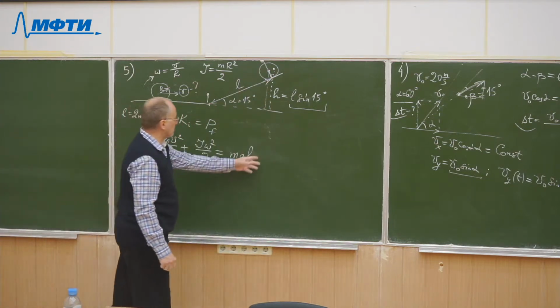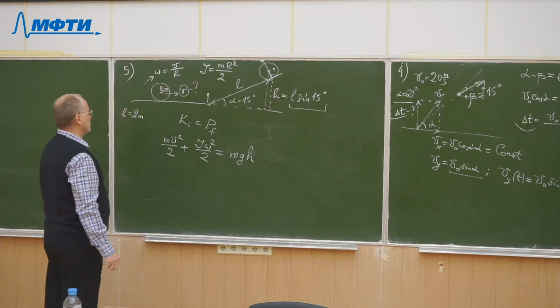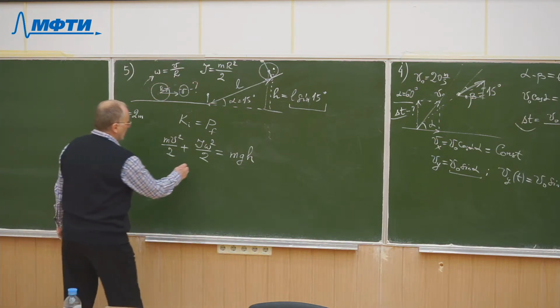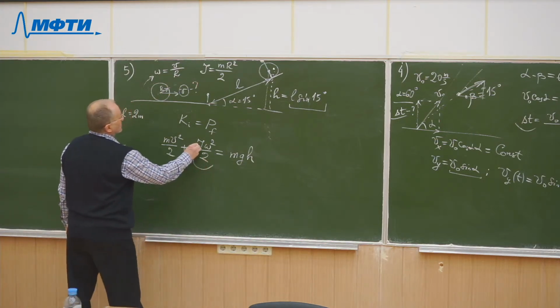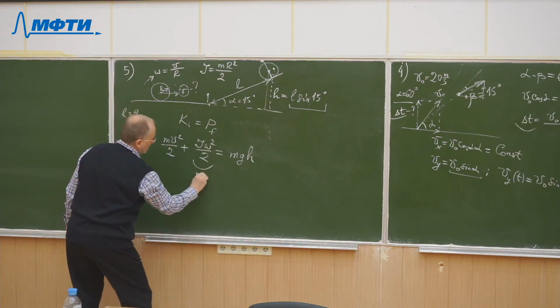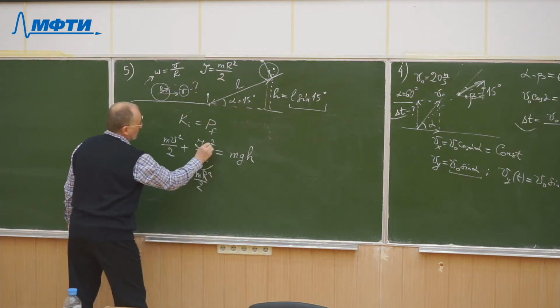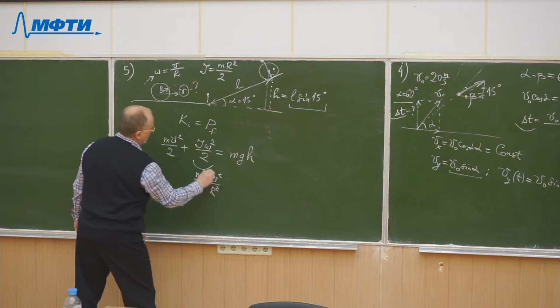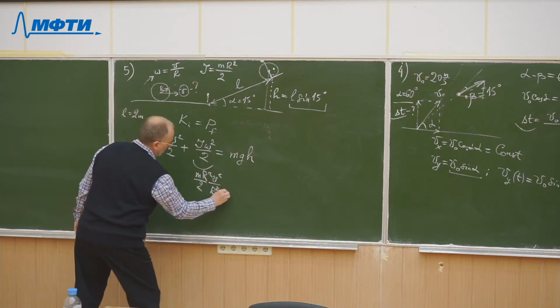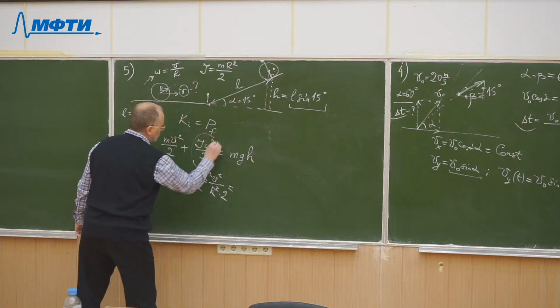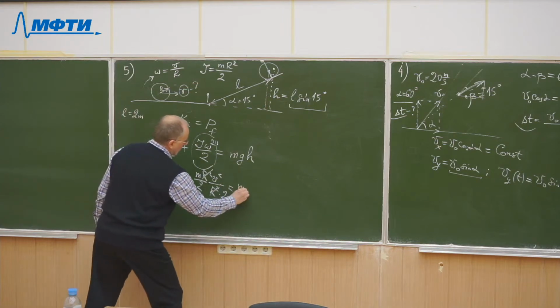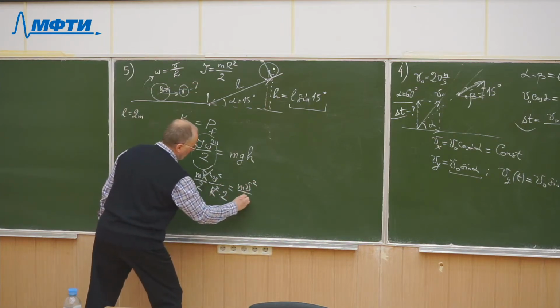So the simple formula will be this one for calculations, and if we take into account that the moment of inertia is m r squared over 2, and we substitute omega here, which will be v squared over r squared, and also divided by 2, then for this term in the formula r squared cancels, and we obtain m v squared over 4.